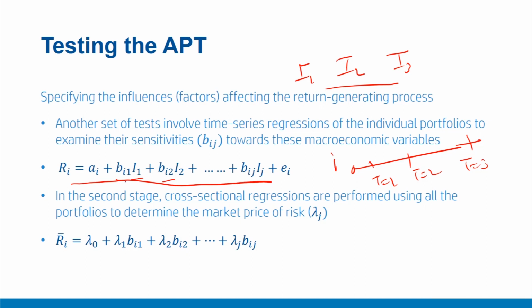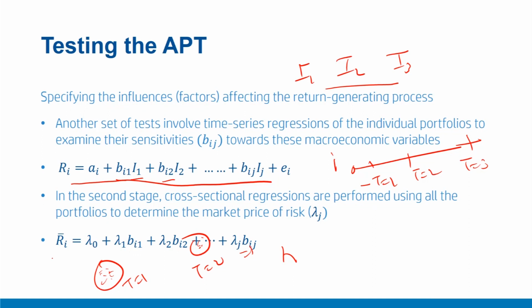Once we have these sensitivities of securities with respect to these indices through time series regressions, for each cross-section, t equal to 1, t equal to 2, for a number of securities, we obtain the estimates of lambda.